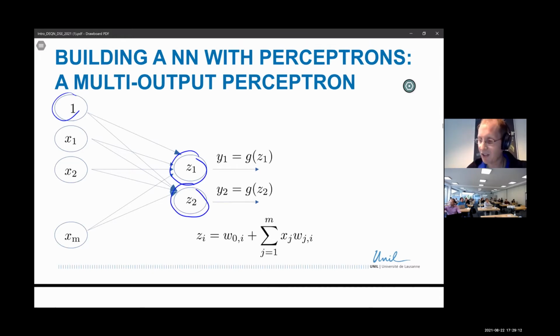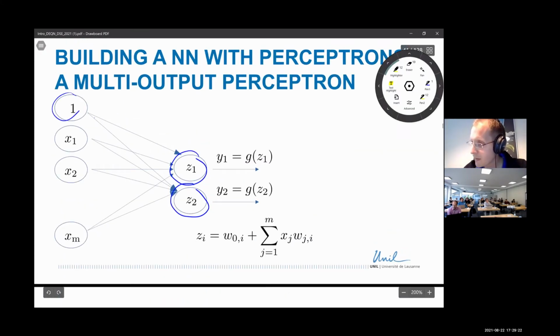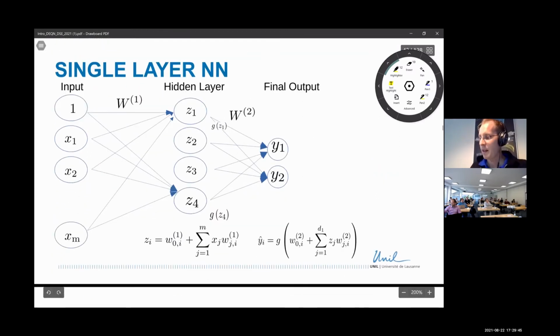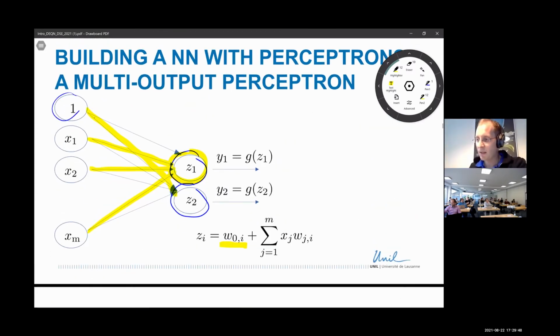The only thing that changes, you can do the math on your own a little later, is that all these nodes connect to all these output nodes. So the matrix with the coefficients becomes more complex. So you have 2 outputs, and you have 3 outputs, etc. But this is not a deep neural net.